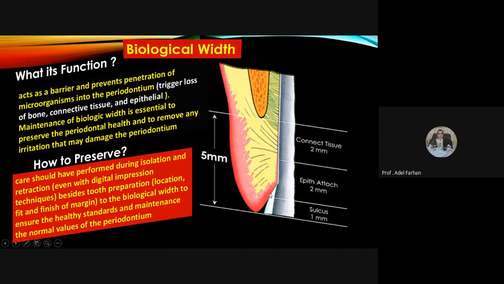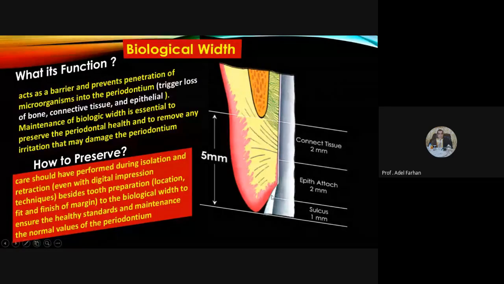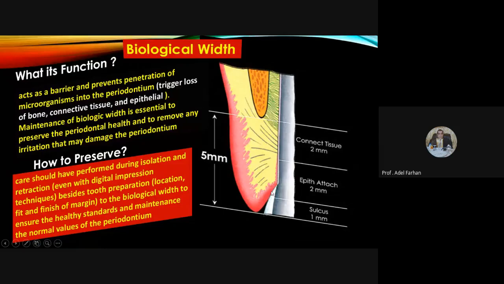Or when you place the margin of the crown, it should not be too far inside the gingival sulcus.